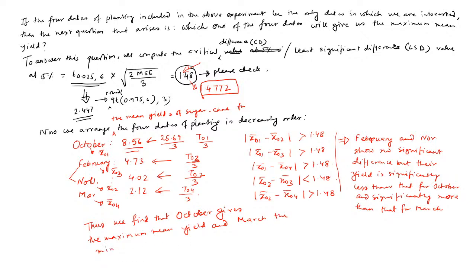So your recommendation is you can use any method, but you should plant on October only, because on October you get maximum yield. Okay, so this is the way how to analyze this data.